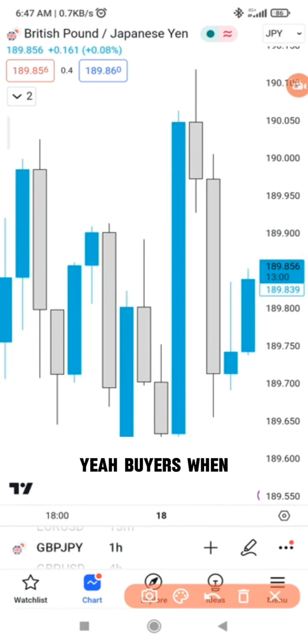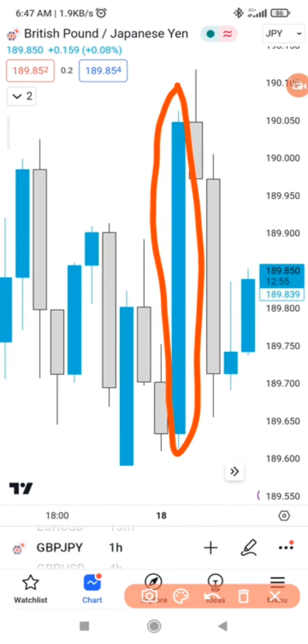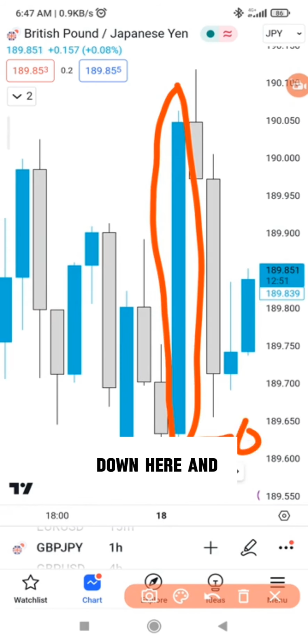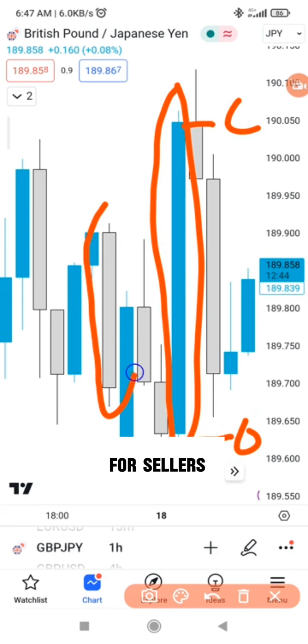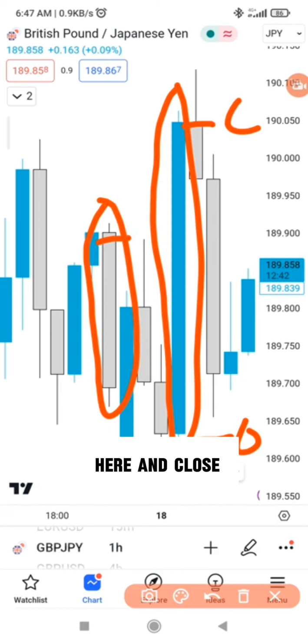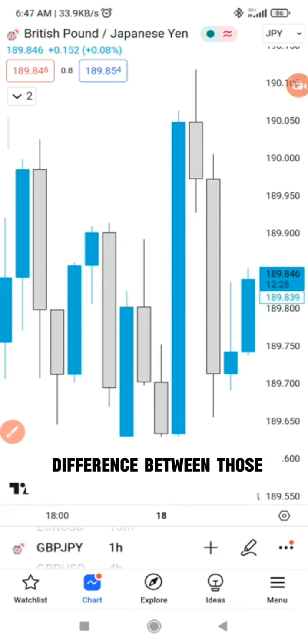Buyers were in the market here. The price opened down here and closes above here. You see the difference? On the sellers' side, price opened up here and closed down here. But on the buyers' side, price opened down and closed above. So that's the difference between those two candlesticks.